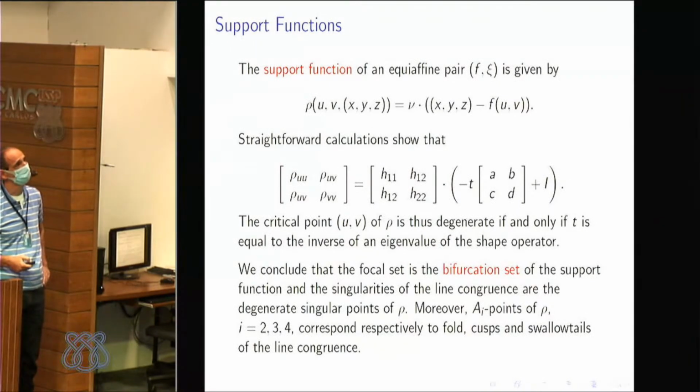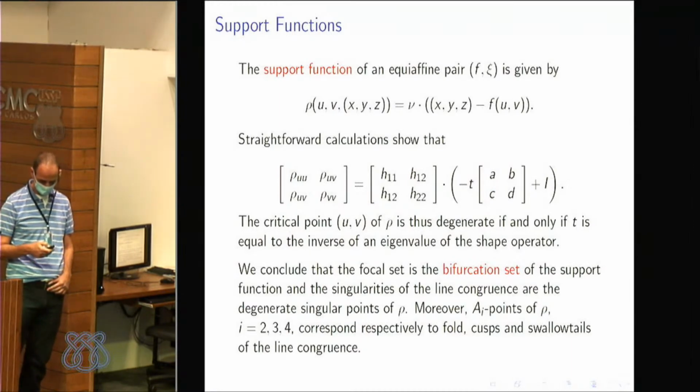The focal set is the bifurcation set of the support function, and the singularities of the line congruence are the degenerate singular points of the support function. A_i points of ρ, i equal to 2, 3, or 4, correspond to fold, cusp, and swallowtails of the line congruence.